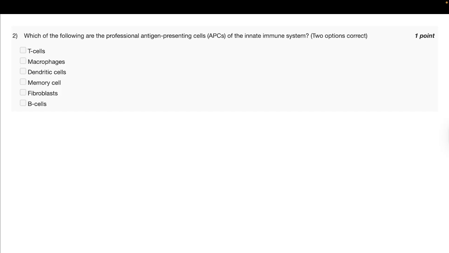Okay, we have a response, option 2 and 3, macrophages and dendritic cells. Okay, thanks for responding. If anybody else would like to give it a try, please go ahead.